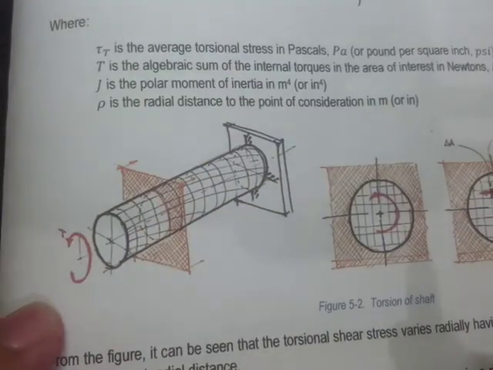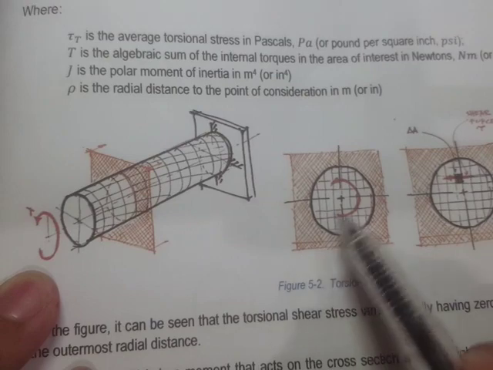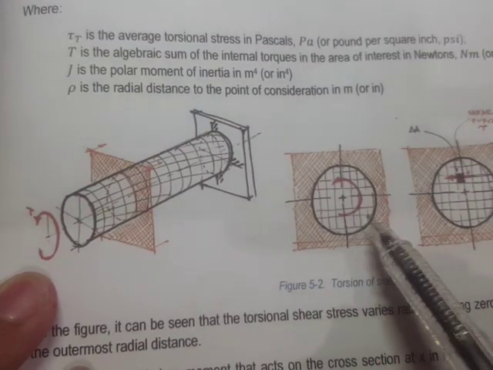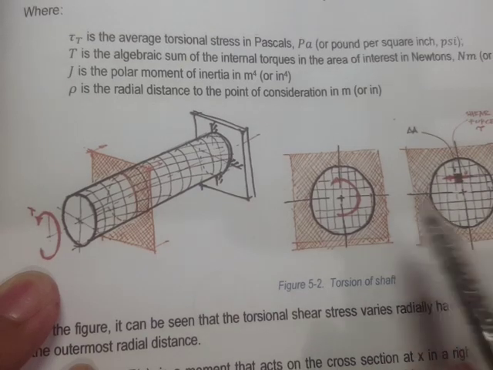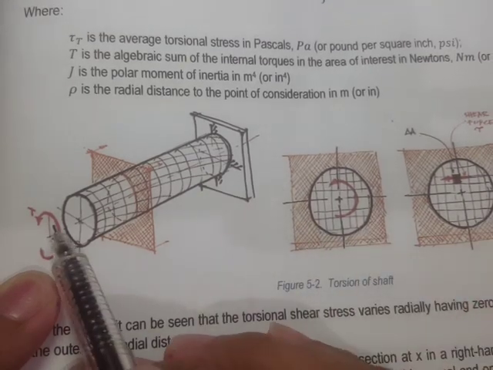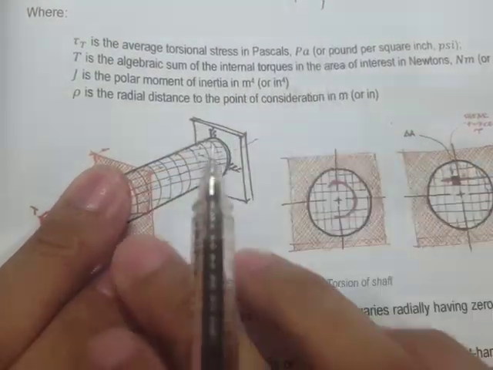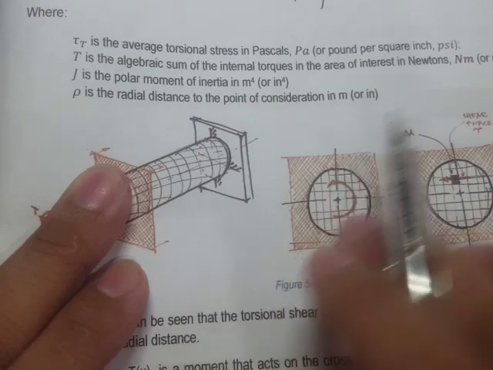So if we cut a section along the shaft, what we see is internal forces, right? So right here we have an internal force, and just take note that we are referring to this portion of the section, so that's why we have this direction.